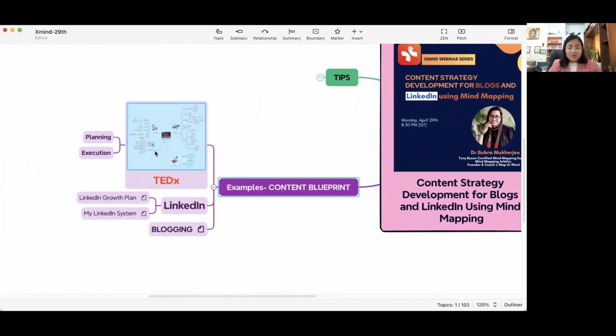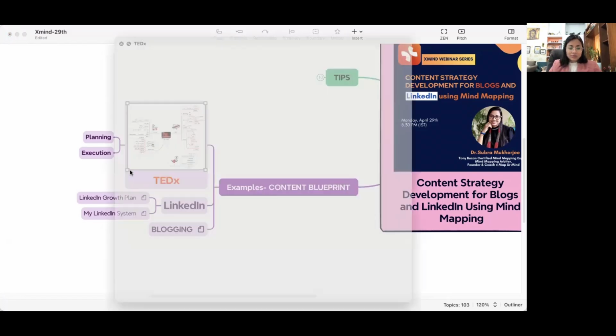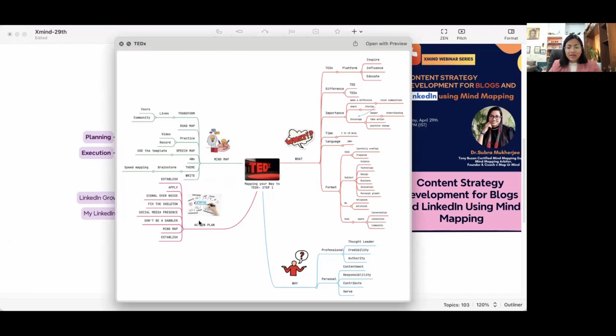So let me start with a very basic example of what I did during my TEDx talk. So even before I started applying for TEDx talk, I had made this mind map. Let me show you. So if you see this mind map, the heading I have given is mapping your way to TEDx, step 1. So I first wrote what is a TEDx, and the same mind map I have shared with my clients also, to help them speak on the stage, to help them prepare for a TEDx speech.